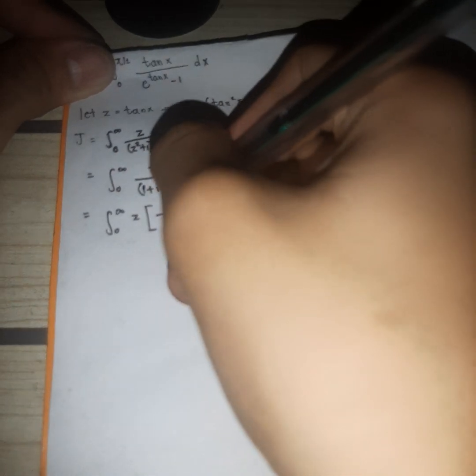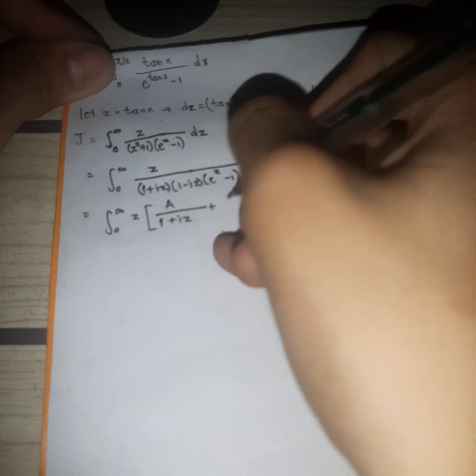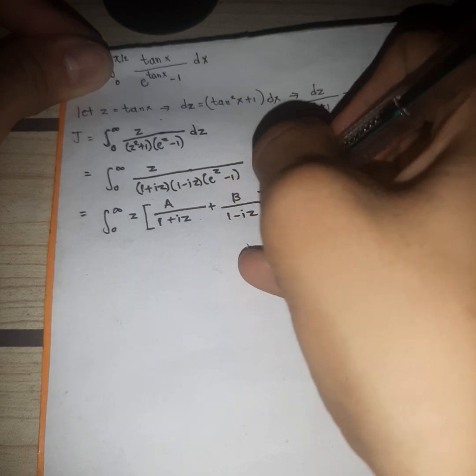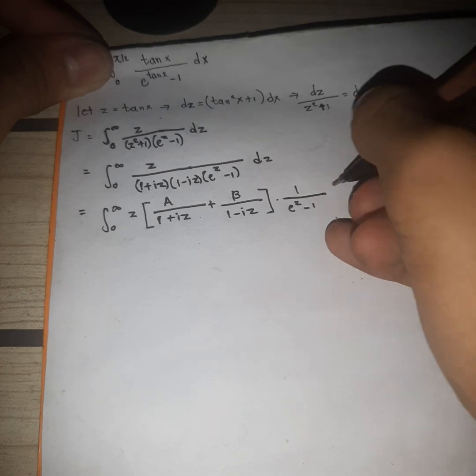A over 1 plus iz plus B over 1 minus iz, times 1 over e raised to z minus 1 dz.